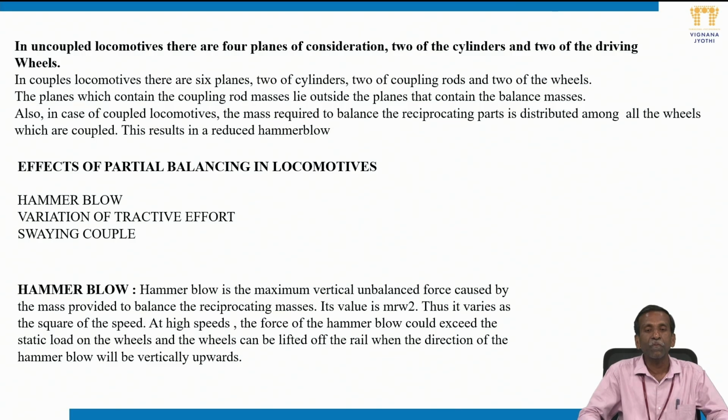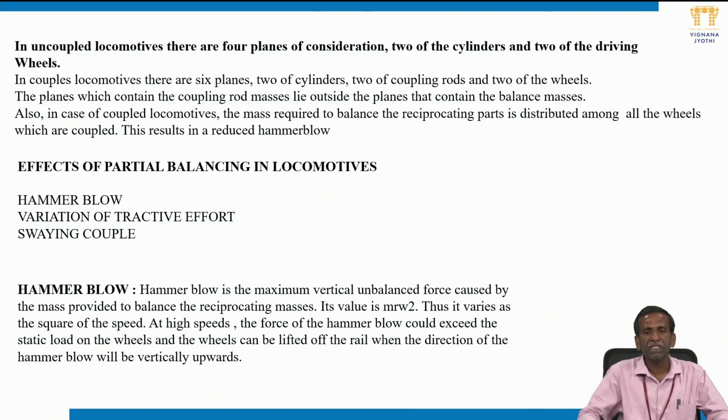Whatever mass you are keeping to balance them, opposite to the crank with some radius, that leads to a vertical component, perpendicular to the line of action. The maximum magnitude of this vertical unbalanced force causes hammer blow.